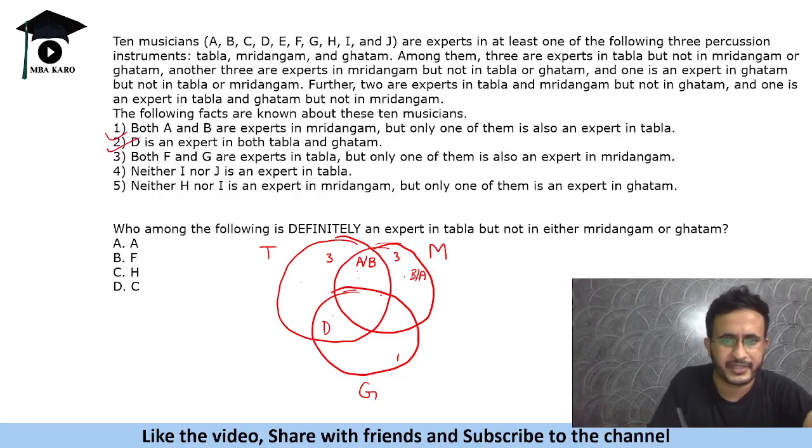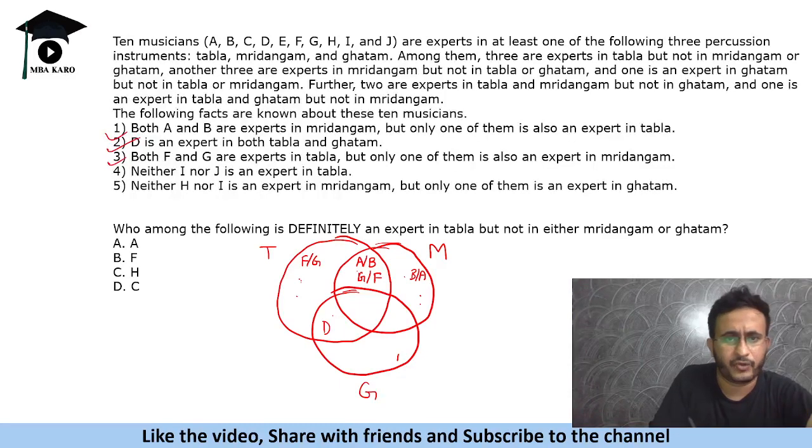So both will be inside this tabla circle, but only one of them will be expert in mridangam. So out of F and G, one of them is expert here, one of them is expert here, right? So if one person is selected here, second will go here. So we have figured out these two people. We have to find out two more people here, two more people here, and one person in this region.